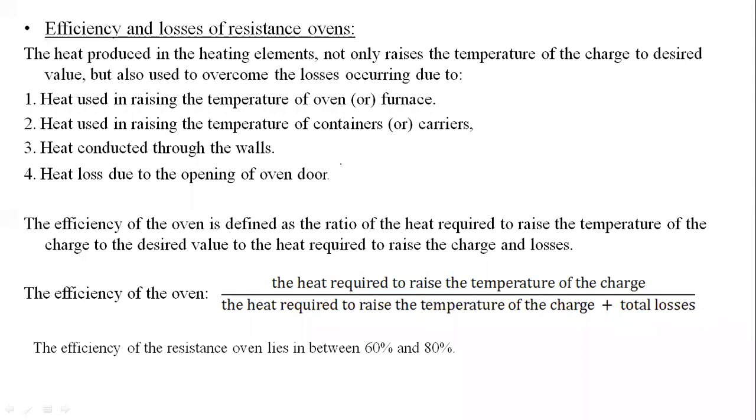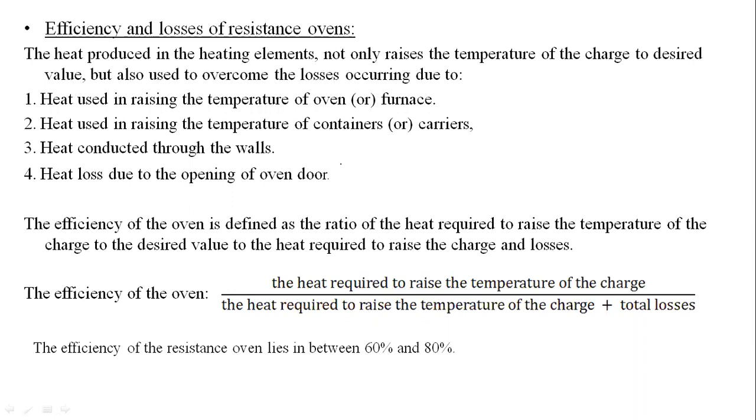Thereby, we have to decide whether we want to cool that substance or the charge, or to heat it. For heating, you are going to raise the temperature of the substance or the charge. Here we have to consider the losses also. Whatever losses occur in the oven, we also have to consider. So based upon these two things, you are going to get the efficiency of the oven.